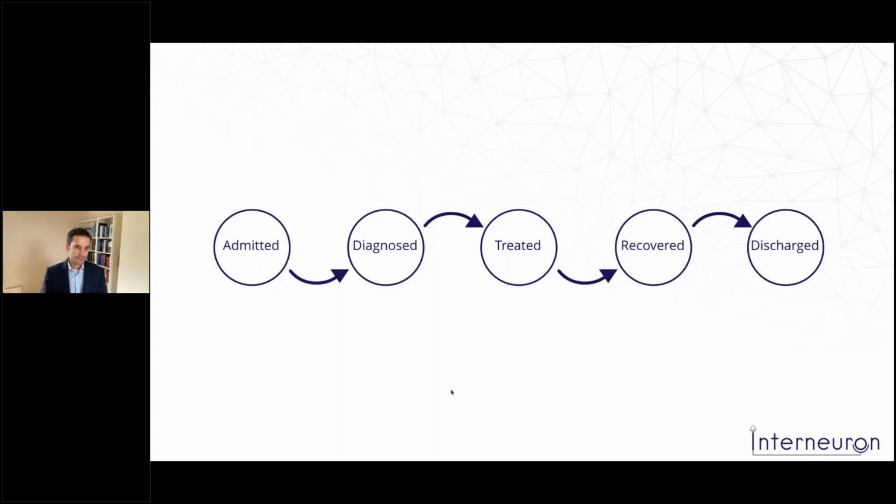Patients are admitted, diagnosed, treated, they recover and are discharged. While this is by no means a linear path, and there will be loops going back, these are hooks that we can use to focus our attention on pathways in general and start to glean information around how long someone waits before they're admitted, up to total length of stay.